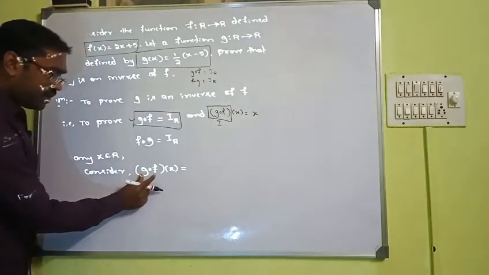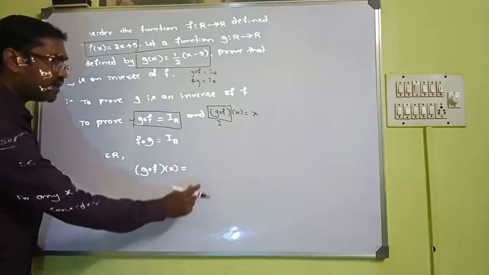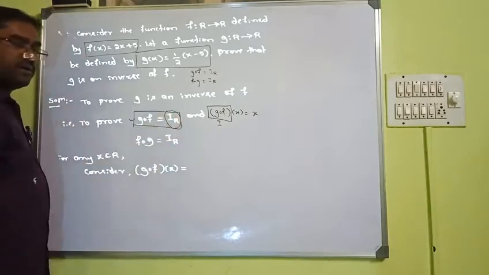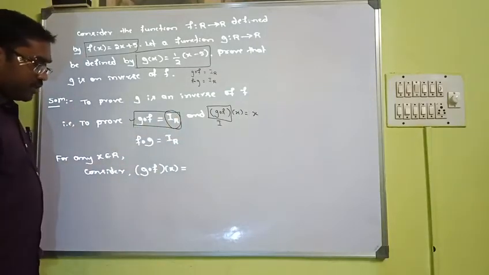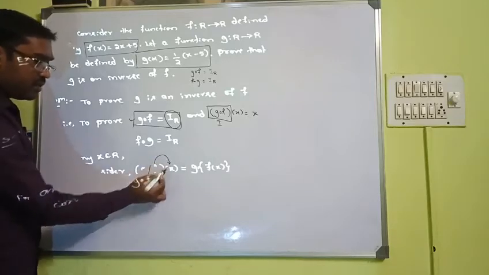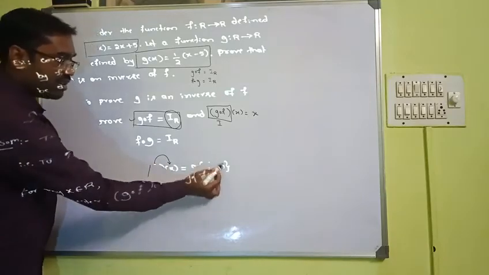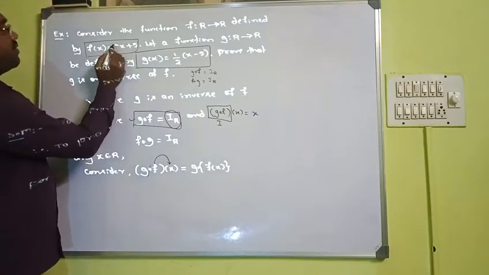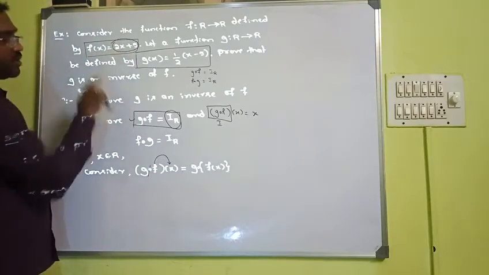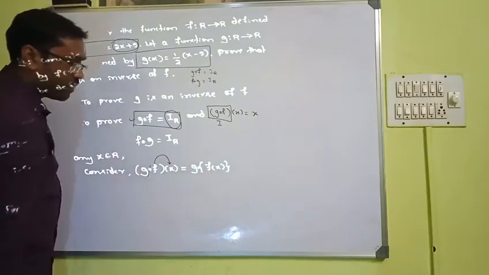Now let us apply this composition on x and get back our x. That will prove it is the identity function on R. So we have removed this composition and applied f inside. But what is f of x? f of x is 2x plus 5. Let us take 2x plus 5 in this place now.